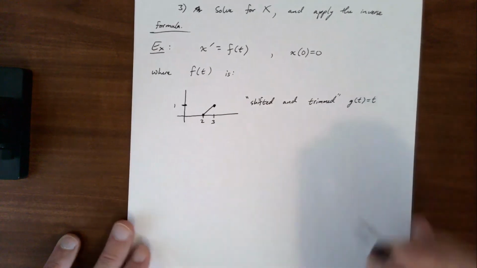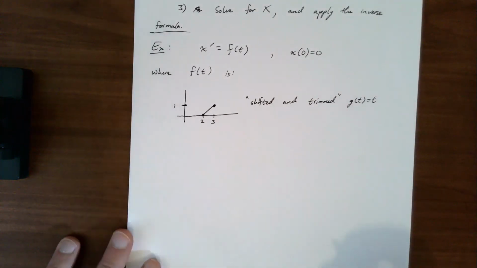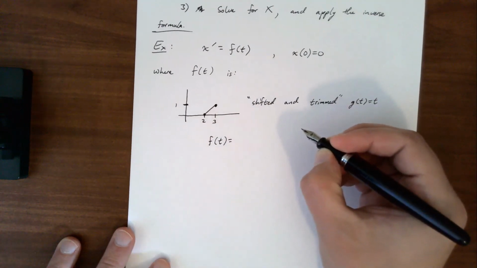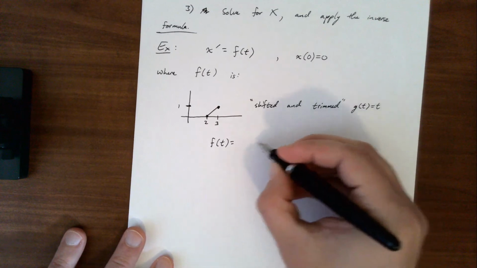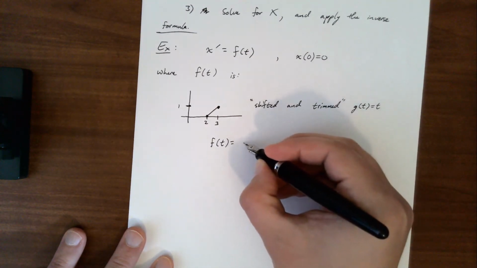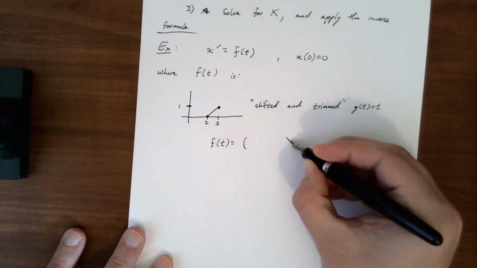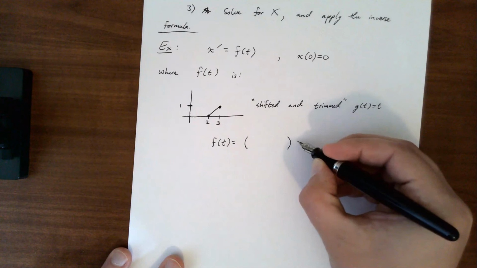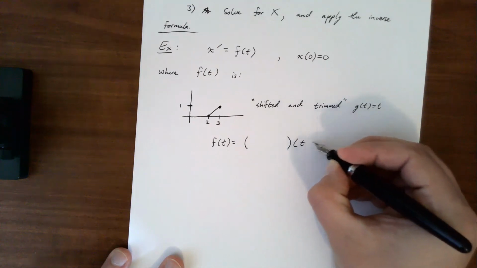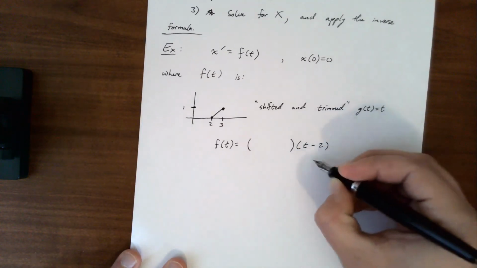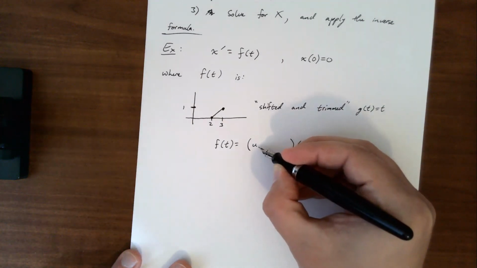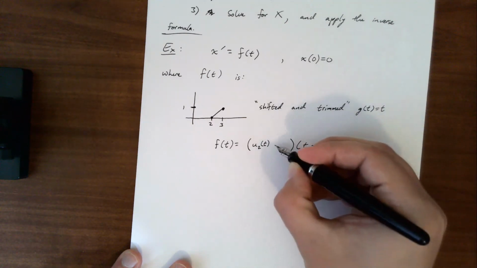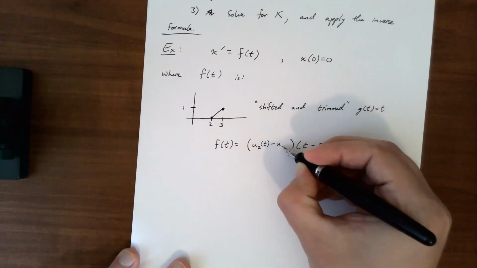So now step 1 here, we have to rewrite this in the approved format so that we can actually do something here. And here's one way of doing it. You can take t minus 2, so this does the shift, and then you turn it on at 2 units, and then you turn it off at 3 units.